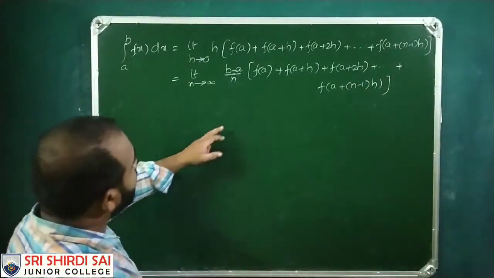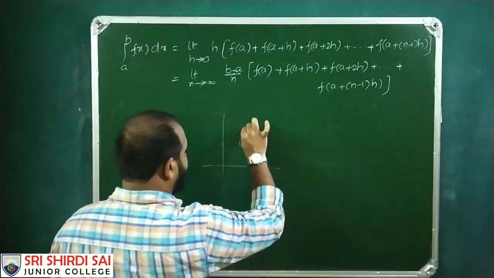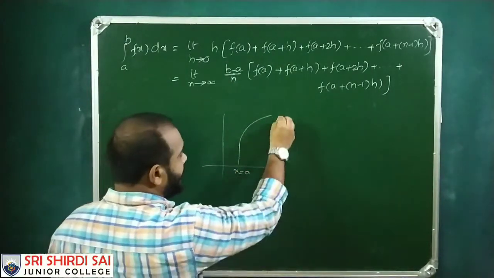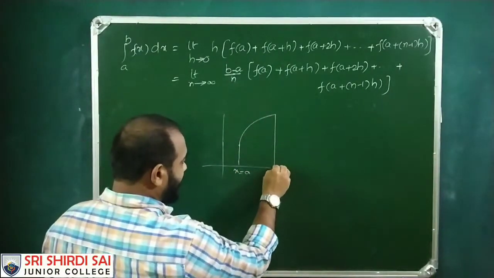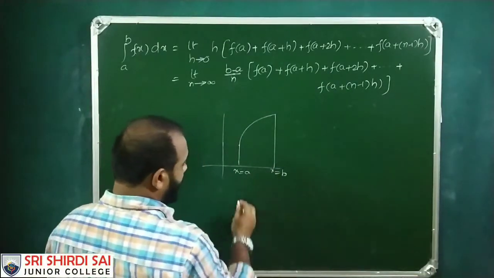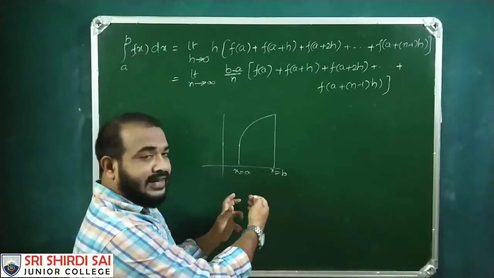Here the geometrical interpretation of this is: this is x equals a and this is x equals b, which has been divided into n rectangles.